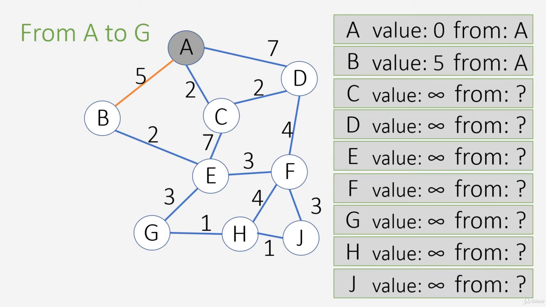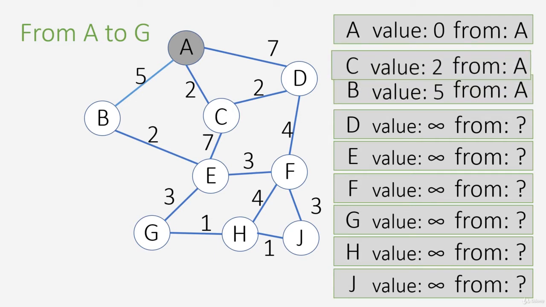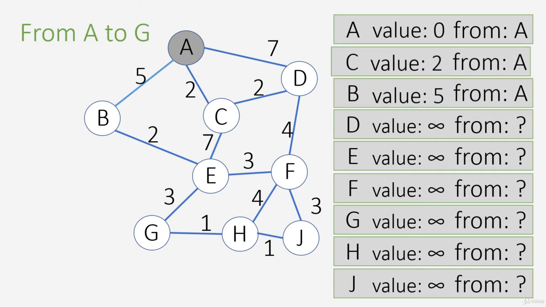I can also go to C and it takes me 2, so I will change the value of C from infinity to 2, and I will also move C above B in the priority queue because this priority queue is sorted.